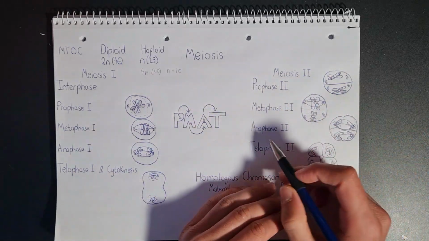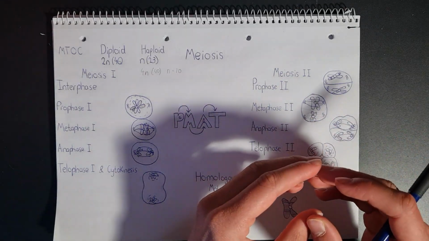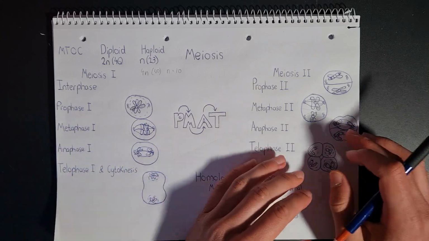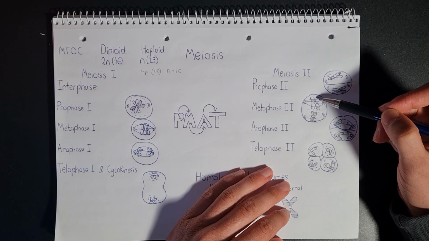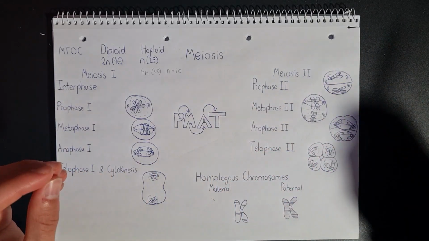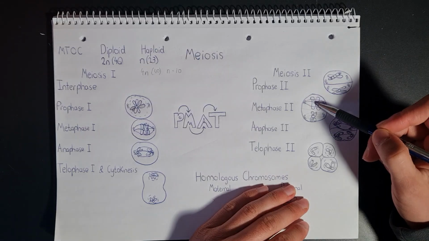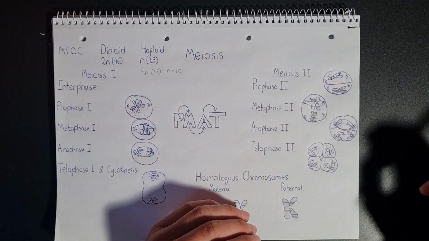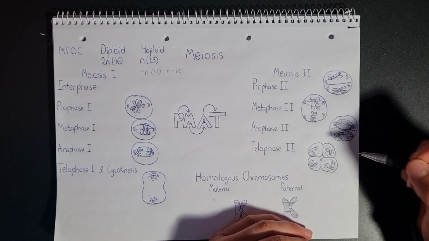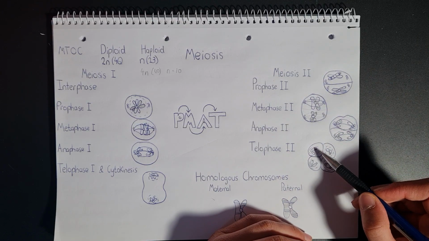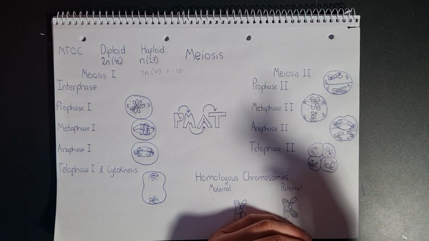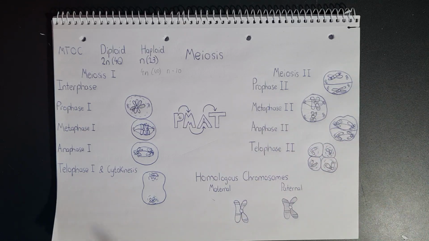The centromeres then divide in 2 in anaphase 2 as the spindle fibers retract and pull the sister chromatids to opposite poles. Okay, so the sister chromatids are now being separated to opposite poles. Cleavage furrows then occur, and what we have is 4 genetically unique daughter cells from the initial parent cell.